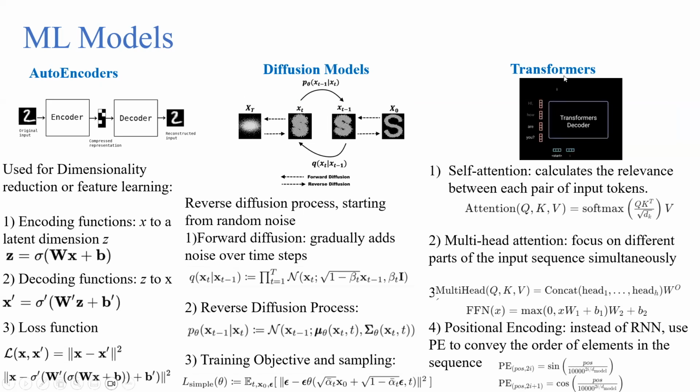Another model is the transformer model, which is usually applicable to words. We take all the possible words in a dictionary, for example, and give them tokens, such as 1, 2, 3, 4, whatever, 20,000 or 1 million. Based on that index, we define three things: query, key, and value. We try to see how that particular word in that context is related to the other words, and that is defined by something called multi-head attention.